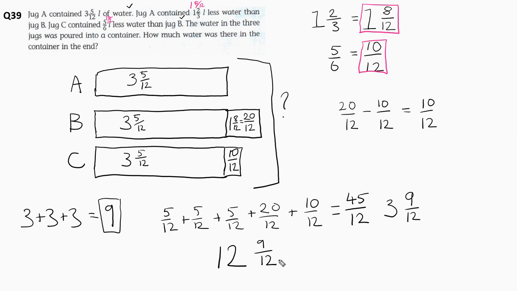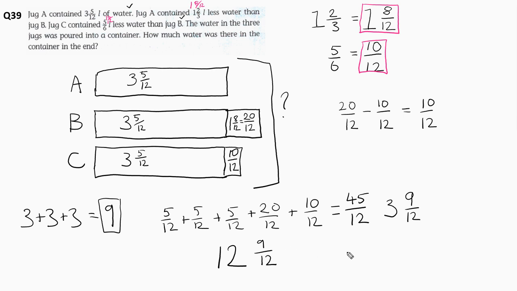Well, not quite, because when we're dealing with fractions, we usually try to simplify fractions when we can, and we want the smallest possible number as the denominator. So we need to think, what's the biggest number that I could divide into 9 and 12? I need to divide both the top and bottom number by the same number to get an equivalent fraction with a smaller denominator. And hopefully you can see that 9 and 12 are both in the 3 times table.